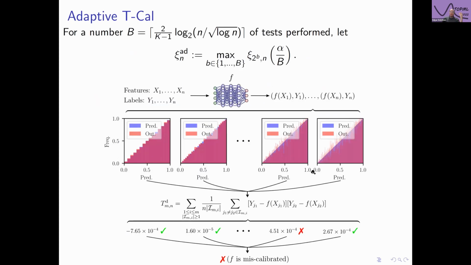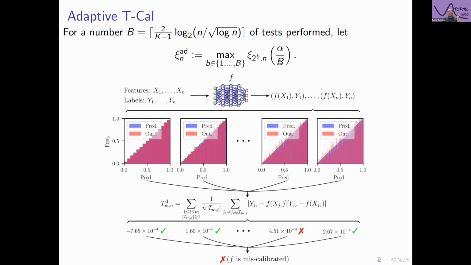But there is also the problem of adaptivity to the unknown smoothness. And there again, we borrow a standard idea from non-parametric hypothesis testing, that we do the test at multiple different scales. So we consider binnings with the M parameter in our binning on a dyadic grid, 2 to the little b from 1 to capital B, and capital B is chosen so that 2 to the B is about n, roughly speaking.